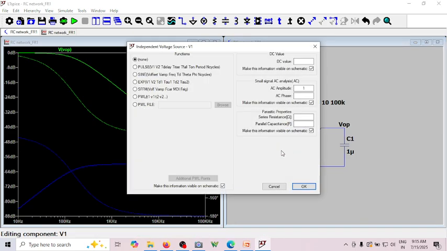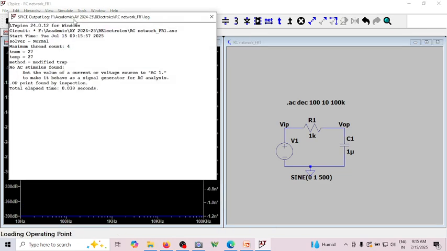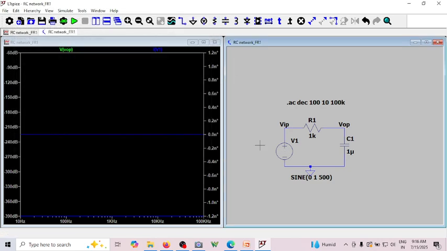Suppose by mistake I select a sine, don't specify this, and just give some amplitude of 1 volt and a frequency of something like 500 hertz, and then I run. It says there is an error: no AC stimulus found. Since you are doing an AC analysis, it is saying there is no AC stimulus found. So we have to come down here and make that AC amplitude as 1.